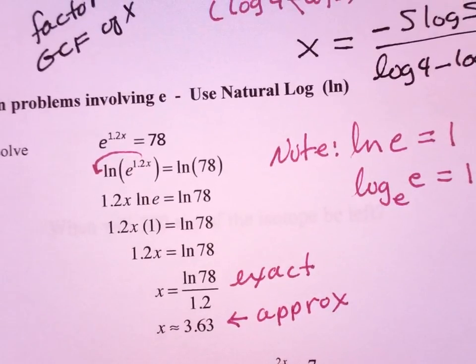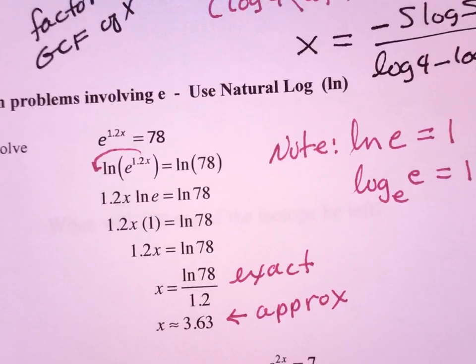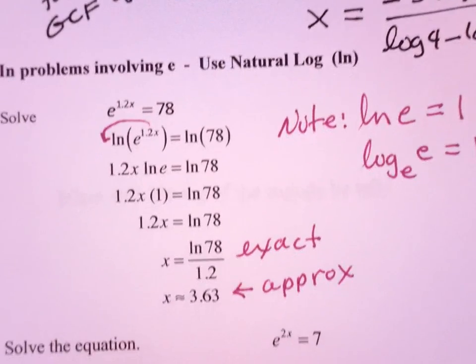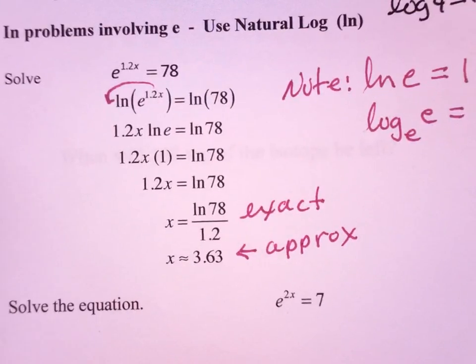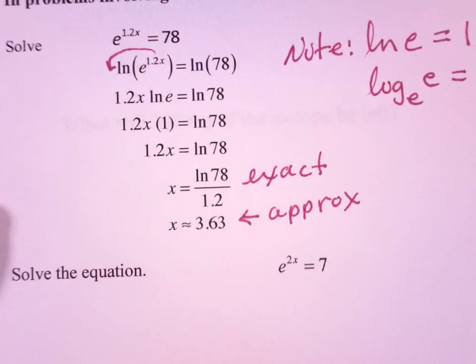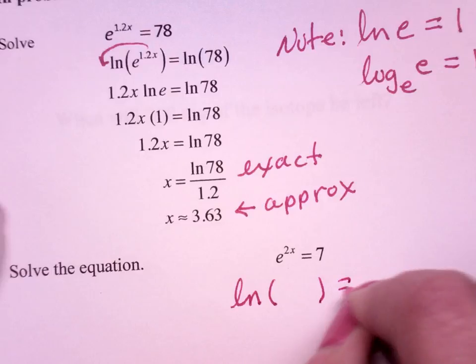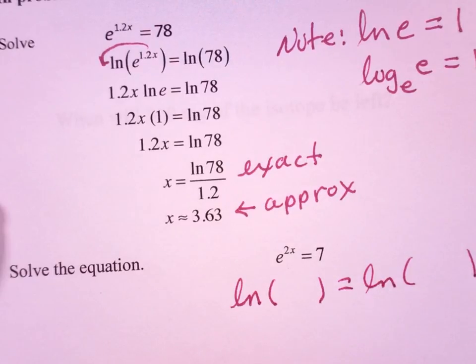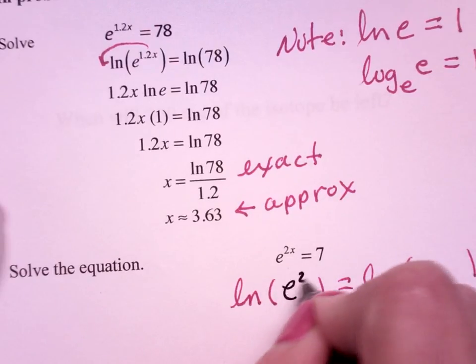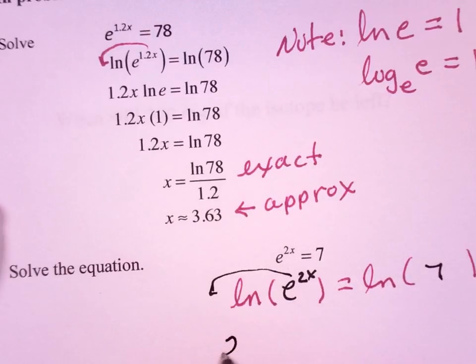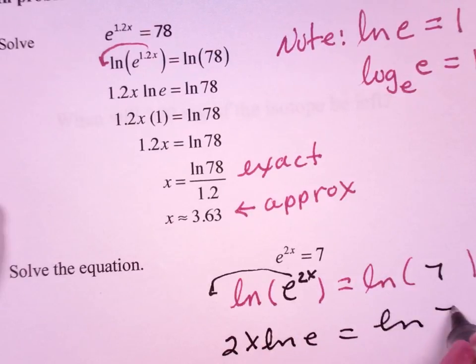You're going to be dealing most of the time with e and natural log. So if I had e to the 2x equals 7, it's e, so I'm going to use the natural log of both sides instead of the log. Bring the exponent down in front: 2x natural log of e is the natural log of 7.